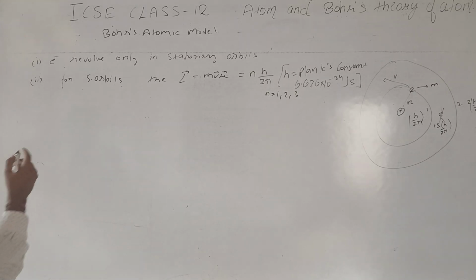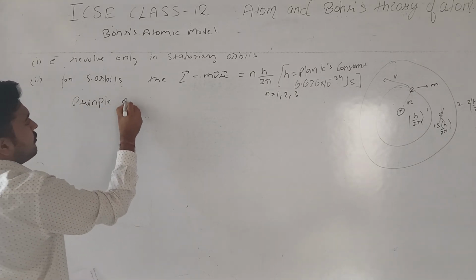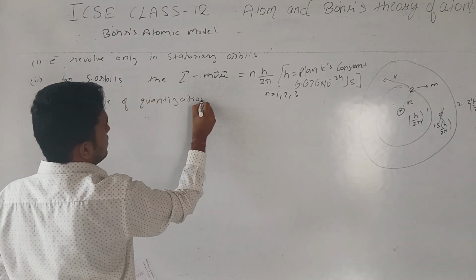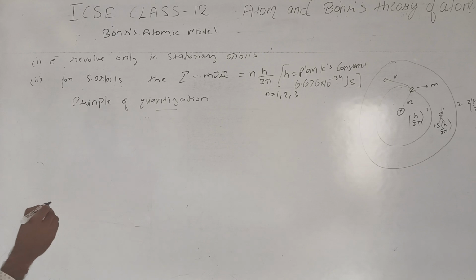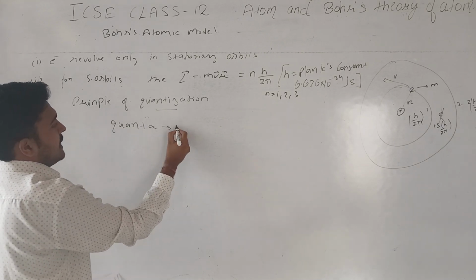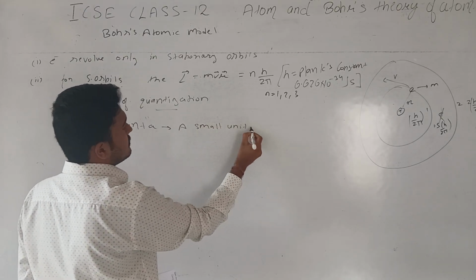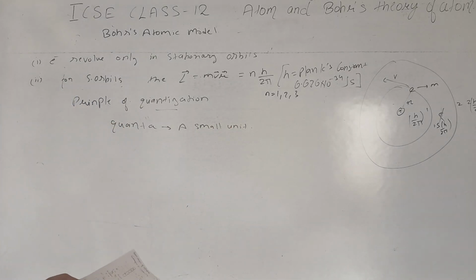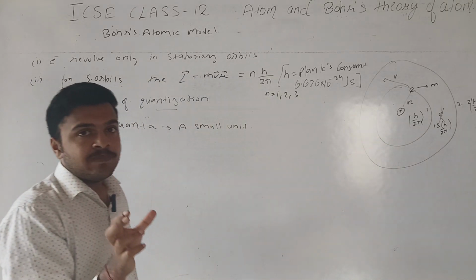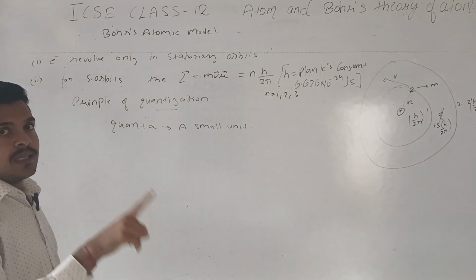This is also known as the principle of quantization. What is quantization? It comes from the word quanta, which means a small unit. Here the small unit is h upon 2 pi, the smallest unit of angular momentum which an electron revolving in an atom can have.